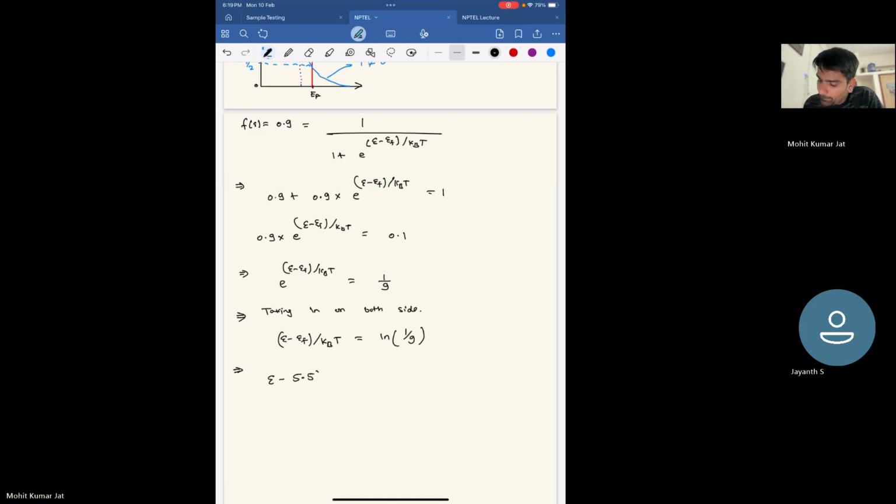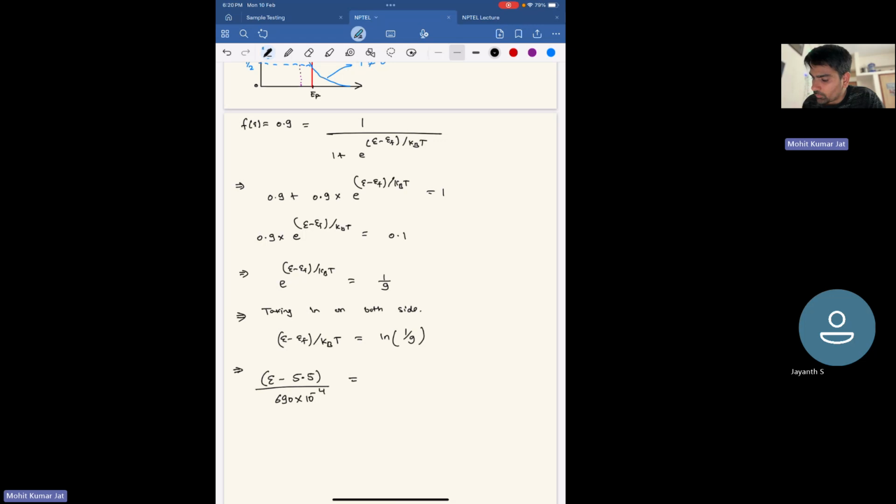5.5 by kBT. kBT, let me just calculate. So kBT will be 1.38 into the temperature, which is 800, and divide by 1.6. So it's 690 into 10 to the power minus 4.